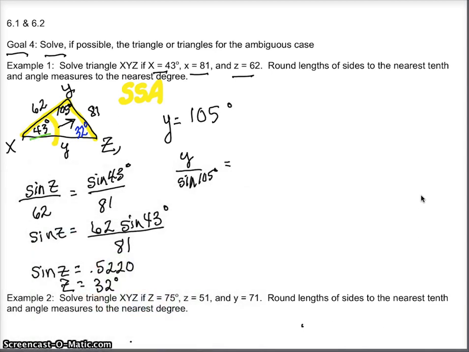So since 43 degrees and 81 was given, I will use 81 divided by the sine of 43 to finish out my proportion.